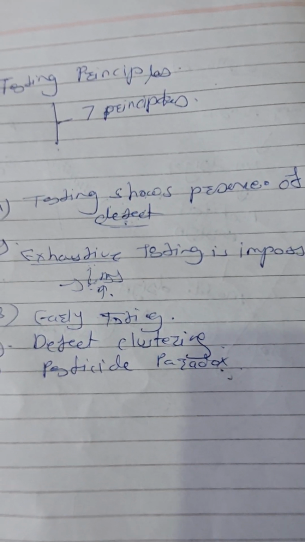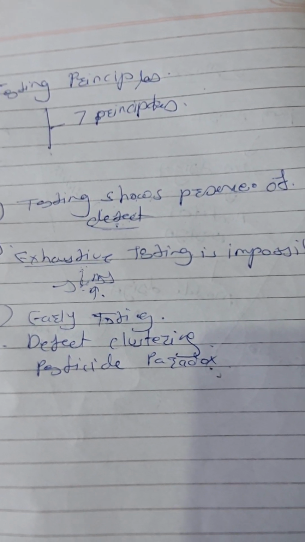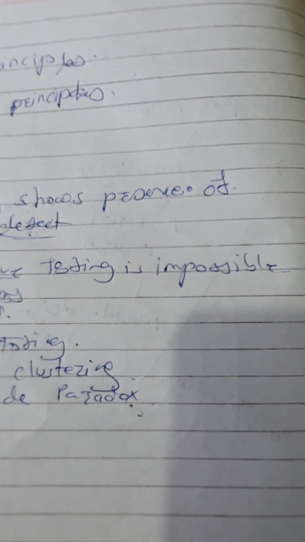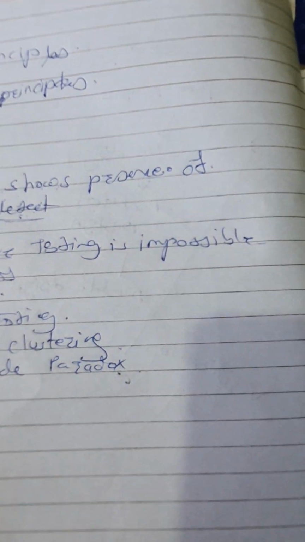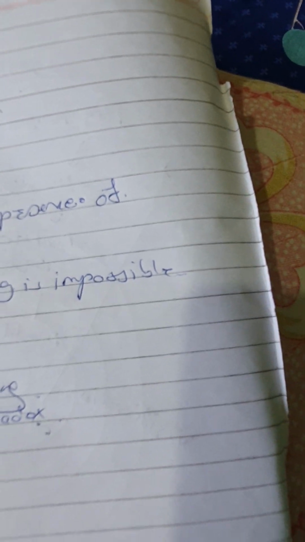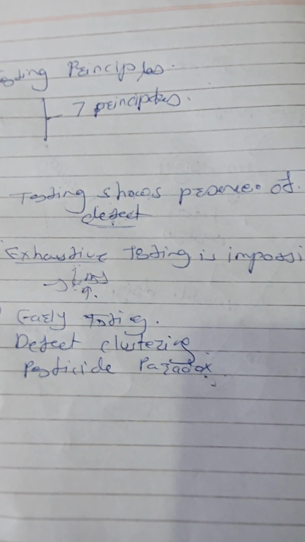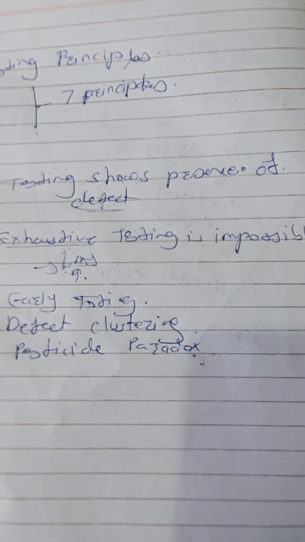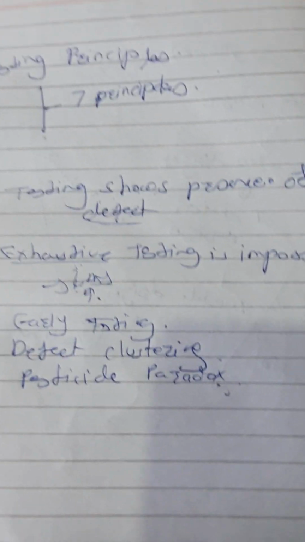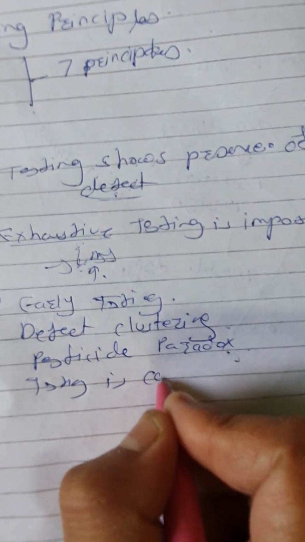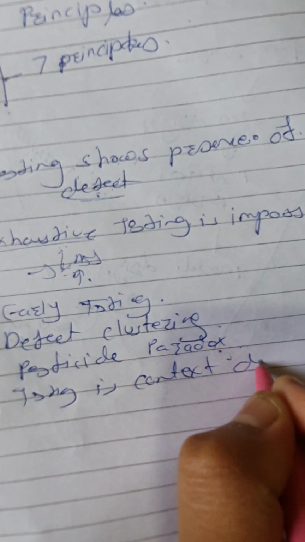So pesticide paradox means, if testing is already done on some test cases and these test cases come again repeatedly, then skip them or remove duplicate test cases and then perform testing.